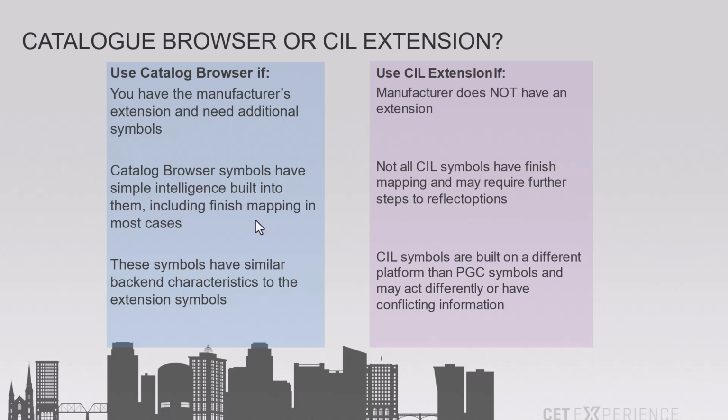Catalog browser symbols do have some simple intelligence built into them, including that finish mapping in most cases. So it's going to be easy for you to select materials for those items. These symbols also have a similar characteristic to the extension.